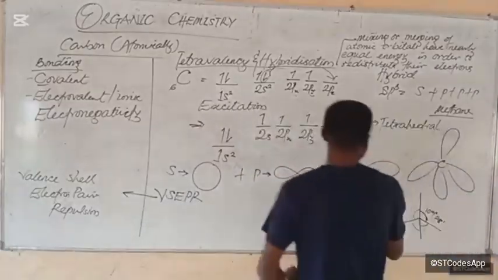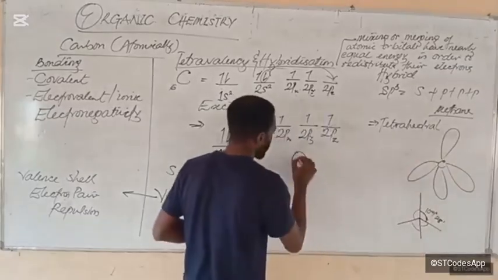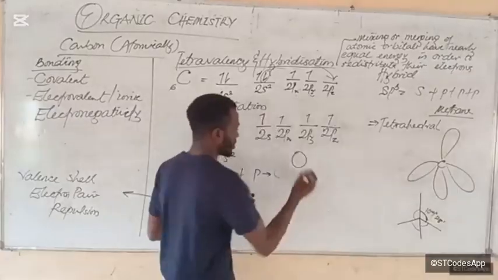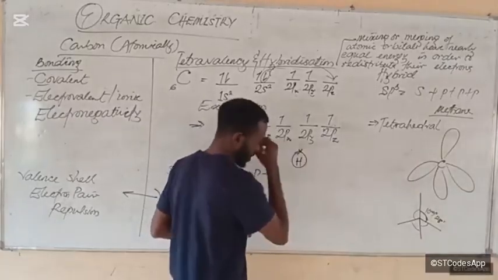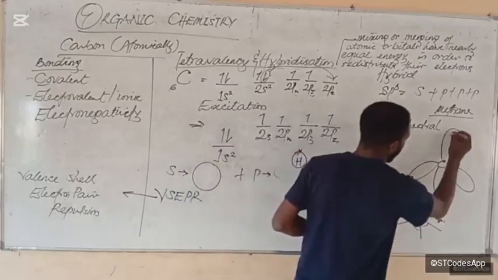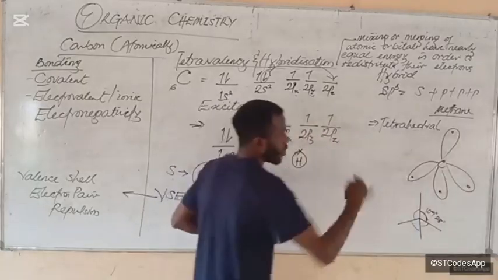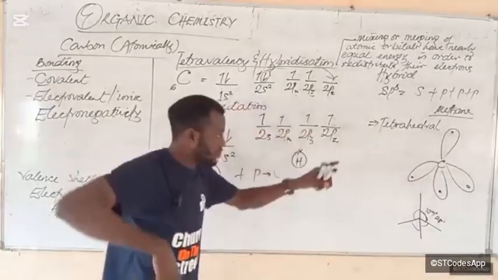You know already that hydrogen has only one electron, and carbon has one electron at each far end of the tetrahedron after that excitation takes place.